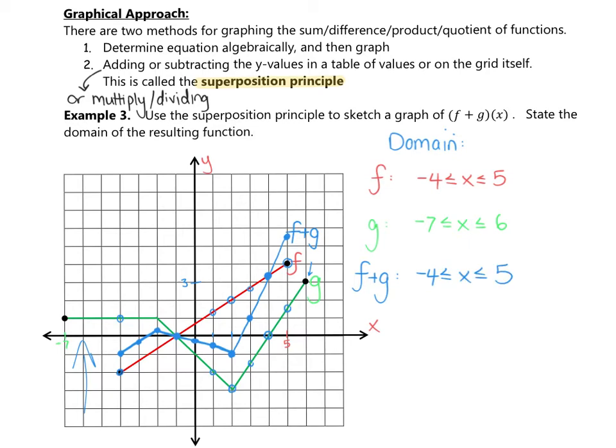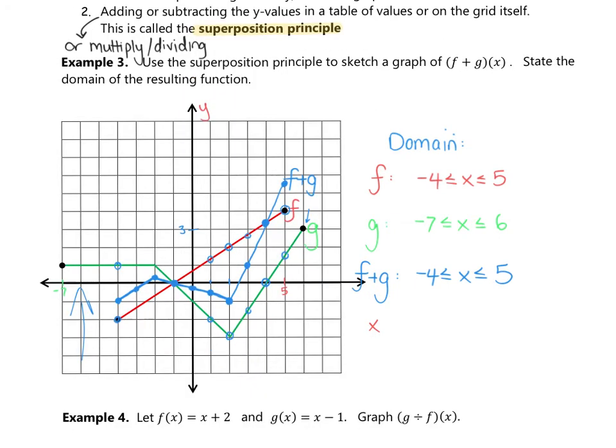In other words, what we say is that the domain is the intersection, or the domain part that is common between the functions f and g. So the domain of f plus g is the intersection of the two domains of f and g. And that is true when we're adding, subtracting, and multiplying functions.